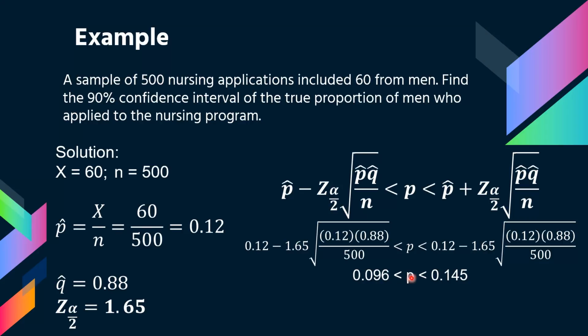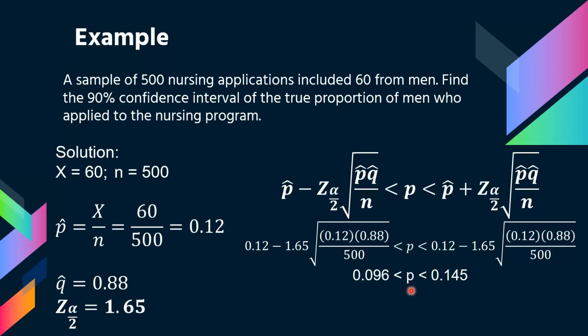0.096. Okay, P is greater than 9.6% or 0.096, but less than 0.145, or 14.5%.